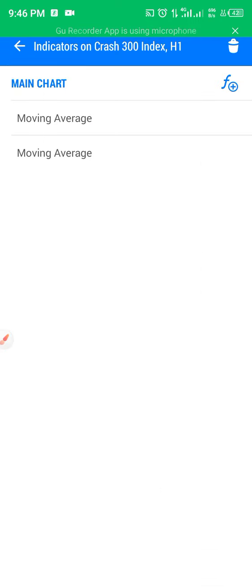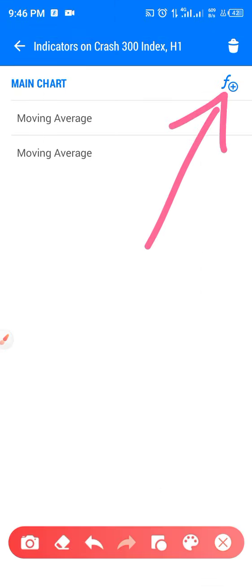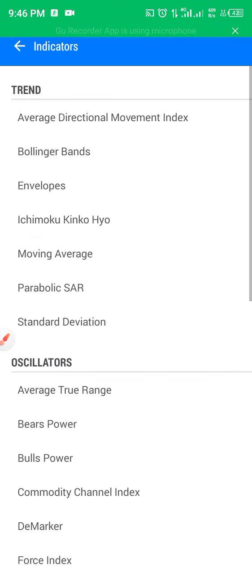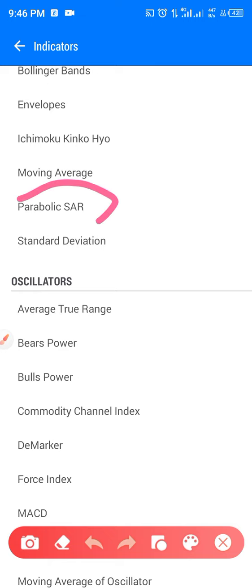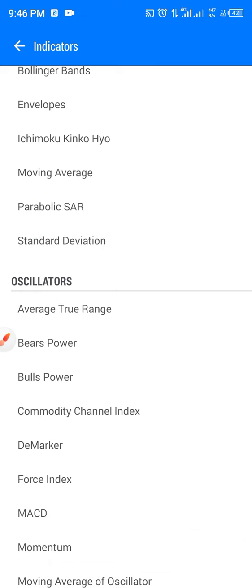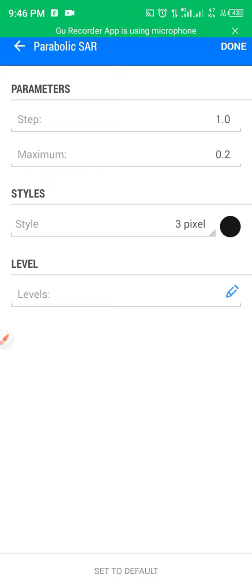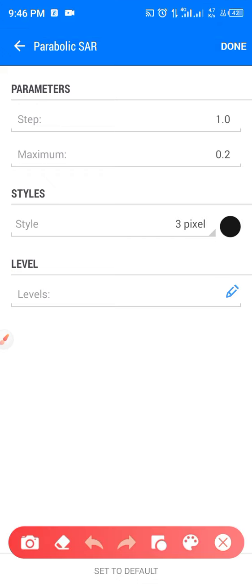The next thing we need, you click on the function again and click on this F. Of course, you should know what to do by now. This time around you are going to look for parabolic SAR. This is it here. Click on it and use the same properties you see here: step 1.0, maximum 0.2.